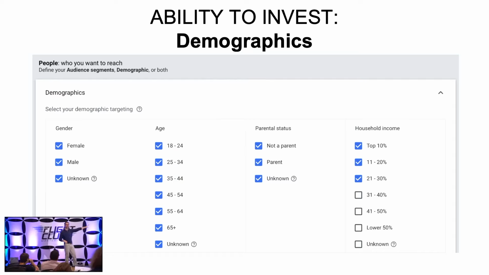But on the right-hand side is one of the most powerful tools, especially if you're targeting people with any higher ticket item, and not just high ticket items, 10K or whatever and above, but also $1,000 courses, $2,500 courses, because you can exclude the lower 50% of household income earners. Now, here's the really crazy thing.